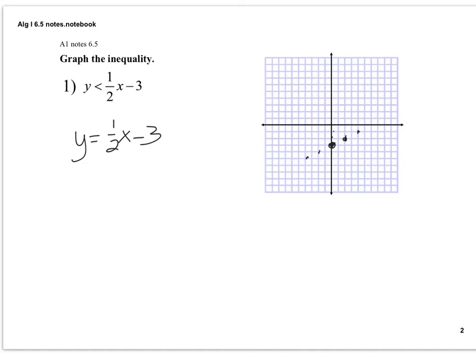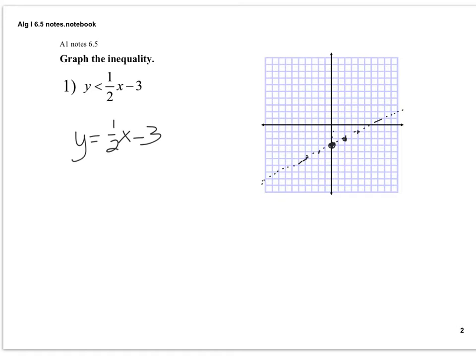And since I have this inequality, let's switch to my laser pointer. Since I have this inequality where it says y is less than all of this, that means I'm going to have a dashed line. Okay, so my line is going to be dashed. Let's see if I can continue that. My line is not perfect because I'm drawing this by hand, but that's as good of a dashed line as you're going to get from Mr. Bear.